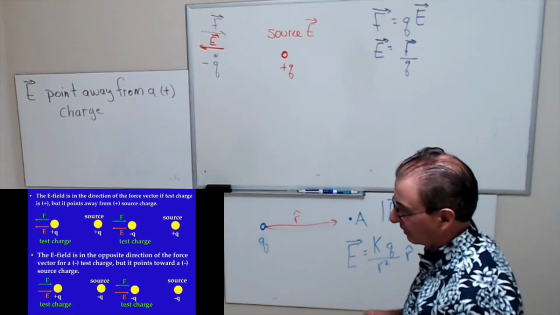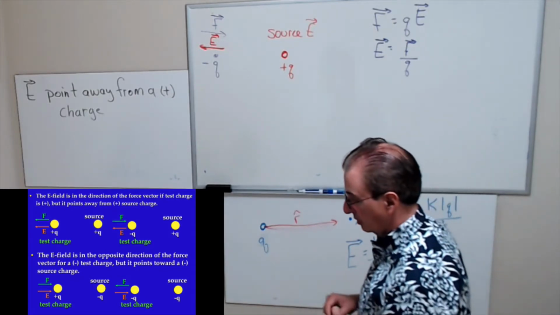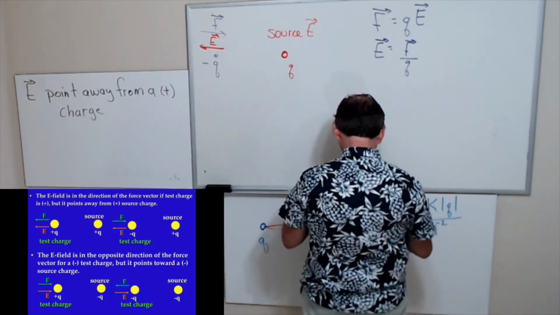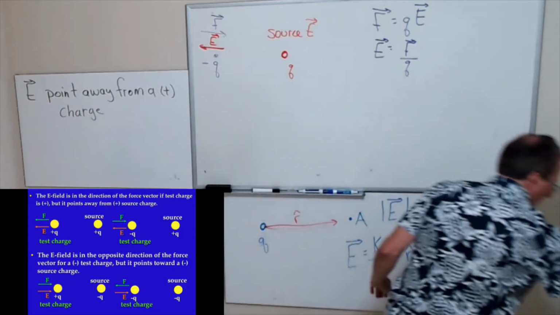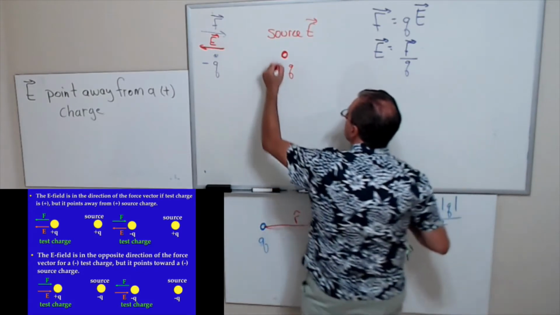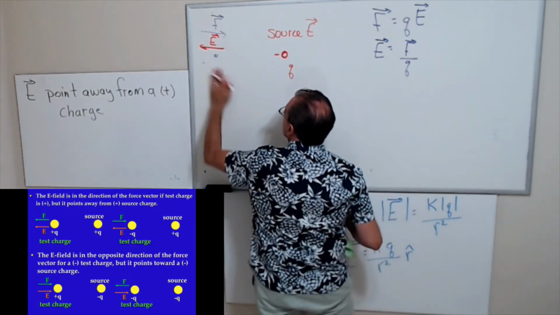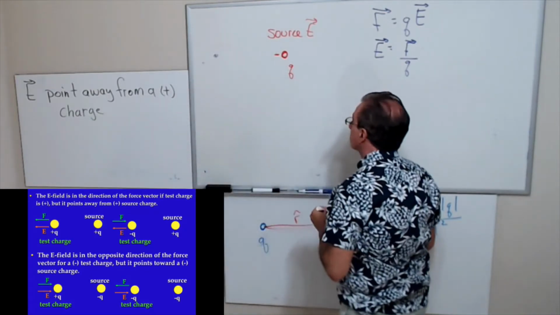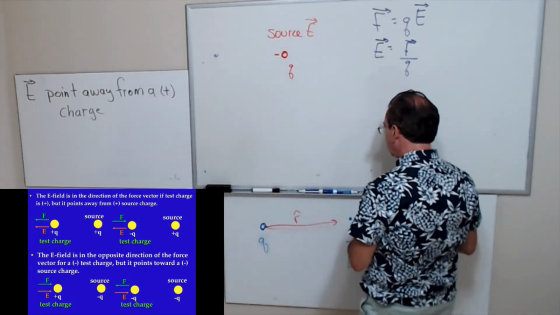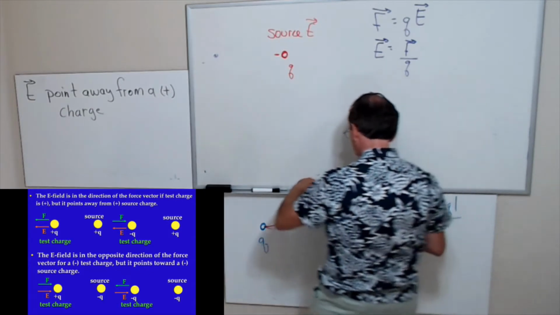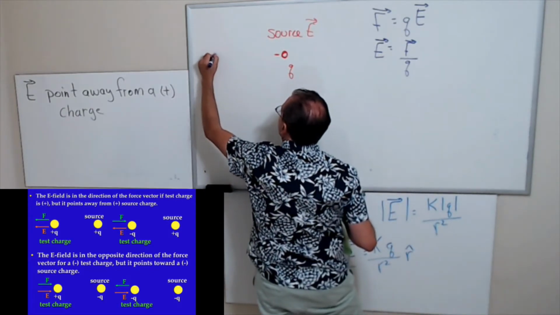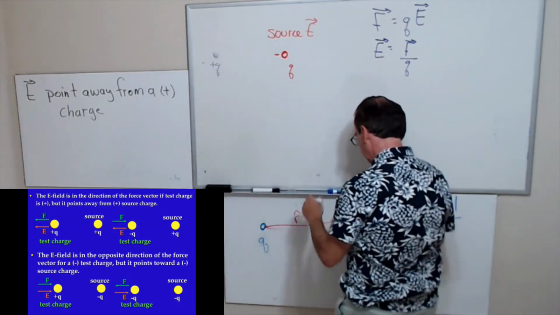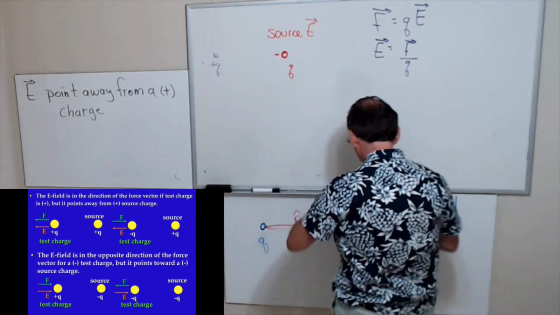Guess what happens for the negative charge? Make this negative. Same logic here. So let's say our source of the field is negative, and this test charge is positive.